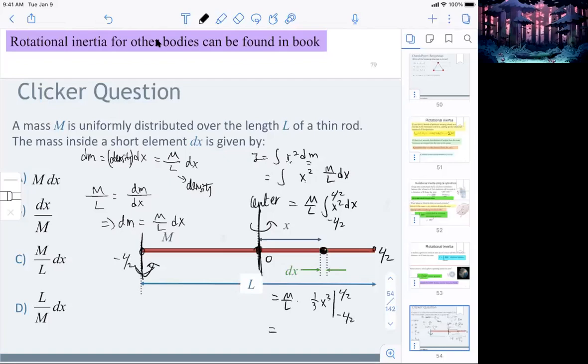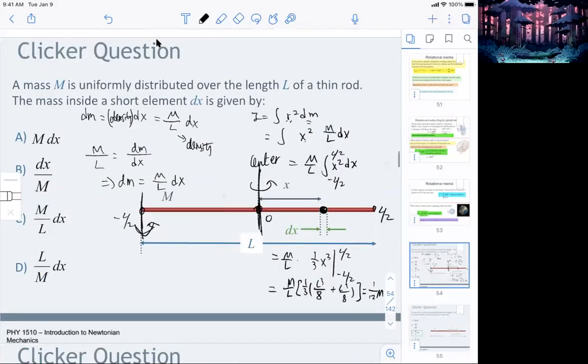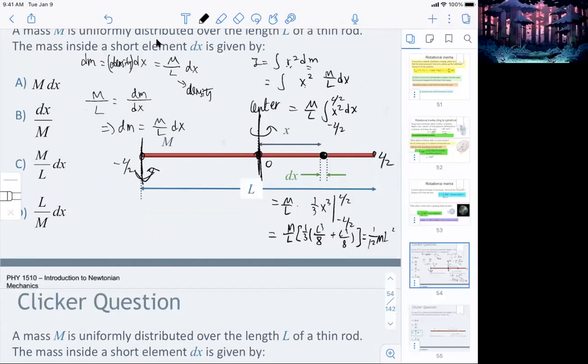If I plug in the numbers, I get m over L times 1/3 times L cubed over 8 plus L cubed over 8, two minus signs, so here is a plus. Here you get 1 over 12 m L squared. So relative to the center, the rotational inertia for a rod is 1 over 12 m L squared.